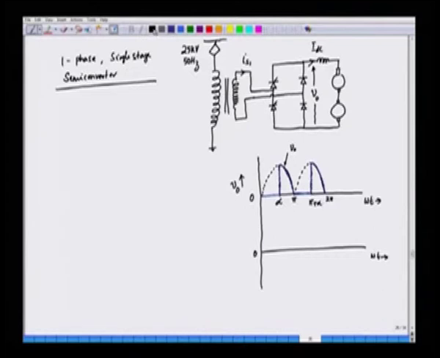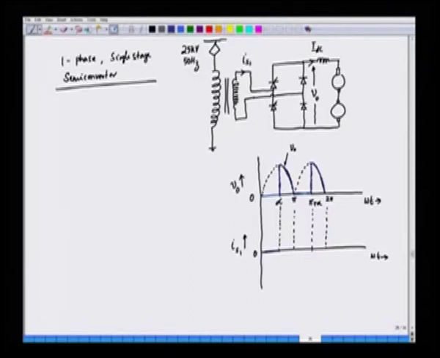Then we can also draw the corresponding current waveforms. We are more interested in the input current Is or Is1 here. From 0 to alpha, Is will be 0 because that is freewheeling, we do not have any current in the input side.